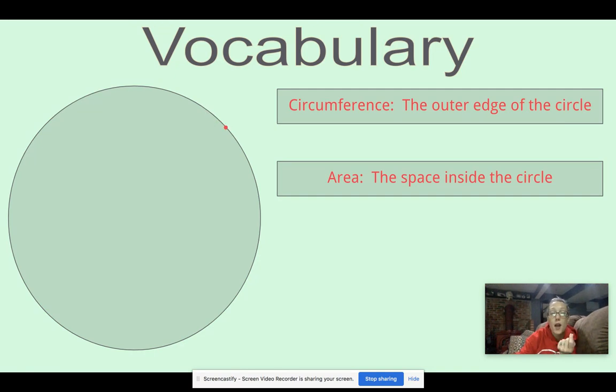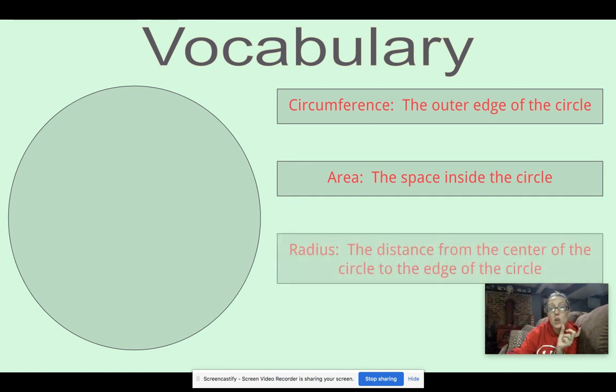So when we talk about the pieces of the circle, something important to note is we really look at distance in a circle. So first we talk about radius. Radius is the distance from the center of the circle to the outer edge, and it could be to any edge, as long as you're starting in the center.